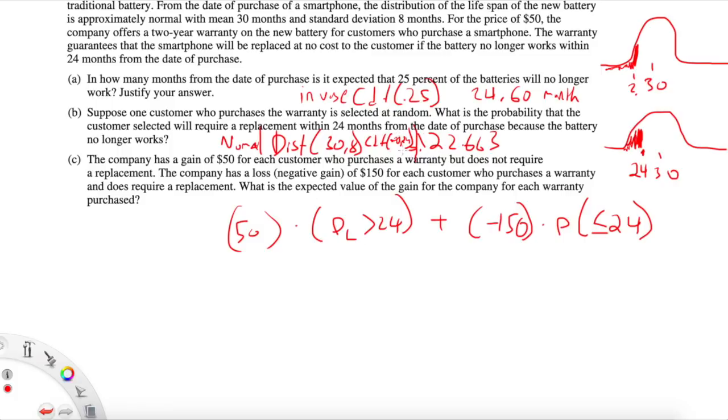And we already got the probability that the lifespan is less than or equal to 24 right over here, and that's going to be 0.2266. So that's going to be negative 150 times 0.2266, and then this is going to be the 1 minus that, so that's going to be 0.7734.